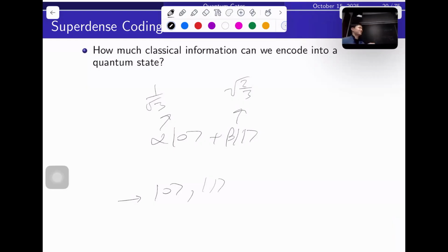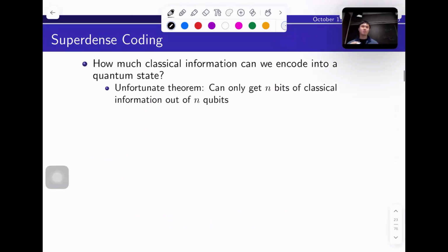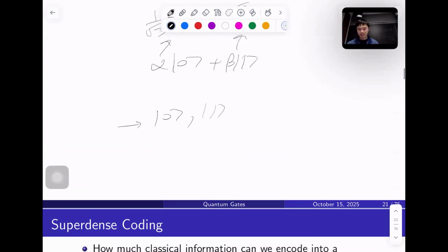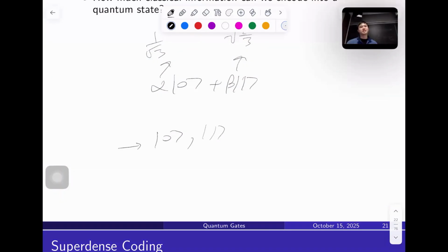I did ruin this from earlier, but the idea is that you can send two, with one caveat: you need to somehow use entanglement. There's a theorem which says that if you're just sending a qubit with nothing else, you only get one classical bit out of that. That comes from what I said earlier: when you measure the qubit, you just get one classical bit, so it makes sense that this is the most information you can extract.